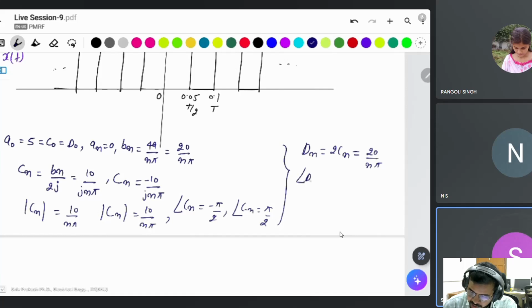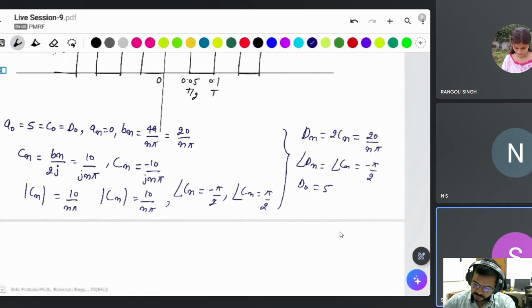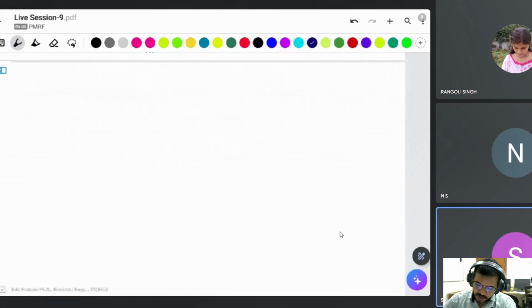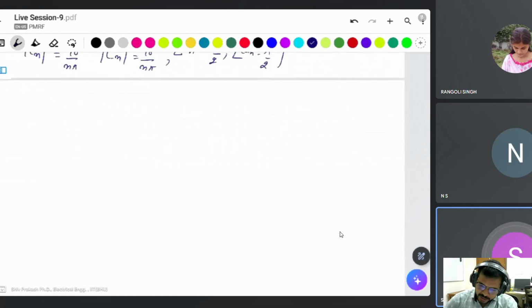Angle of dn is equal to tan inverse bn by an, equal to the angle of cn. And d naught is same as a naught, 5. Okay, then representation of this one.